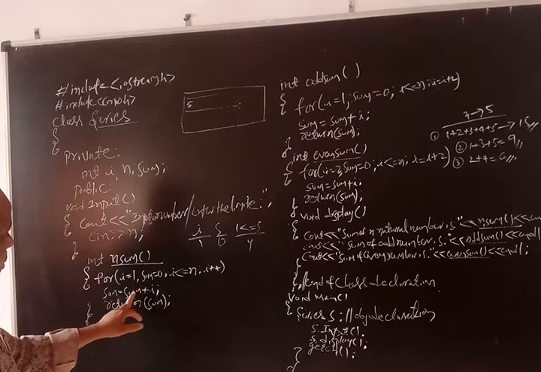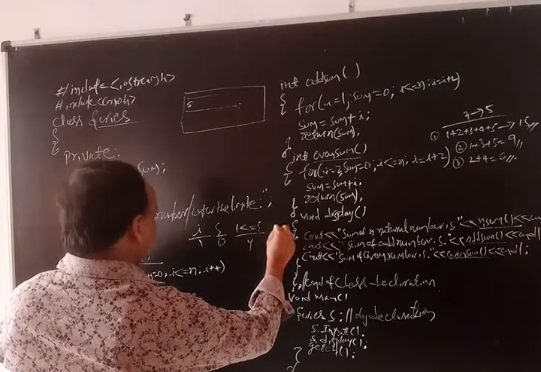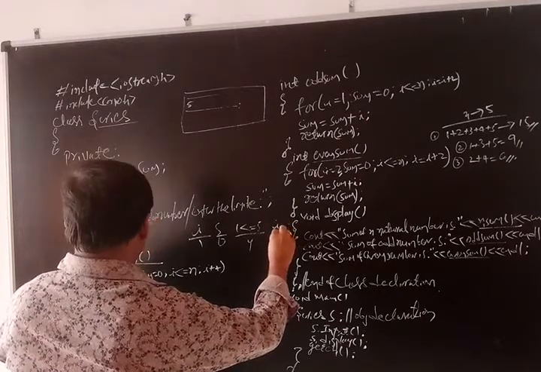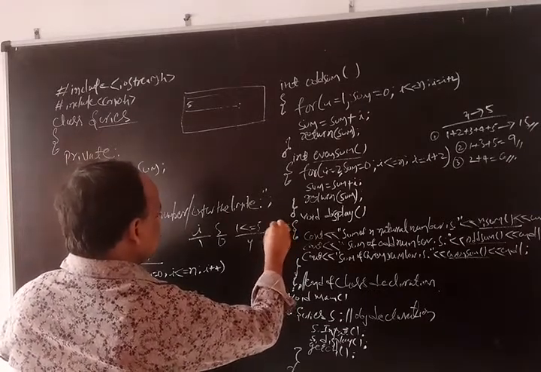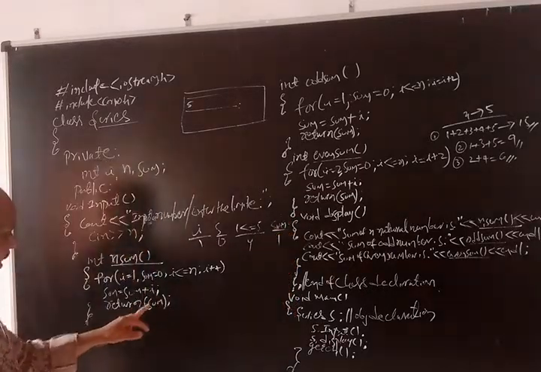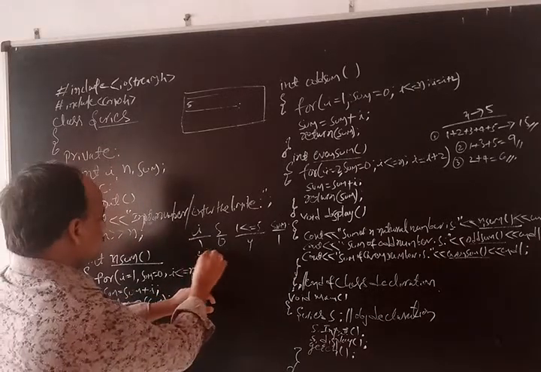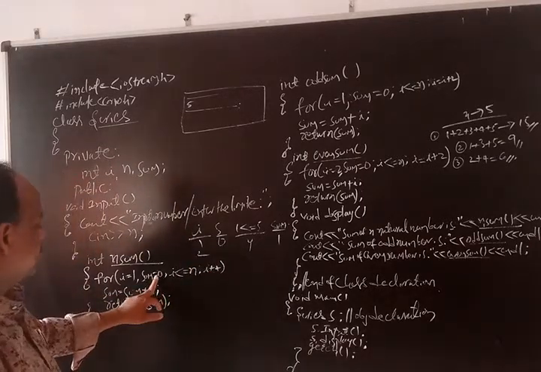Sum plus I means 0 plus I value 1. So present sum value becomes 1. Next, I plus plus, I becomes 2.